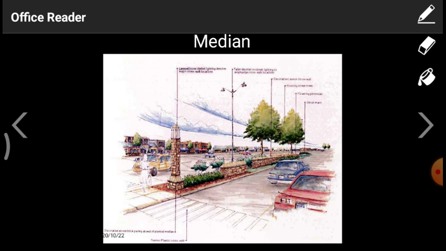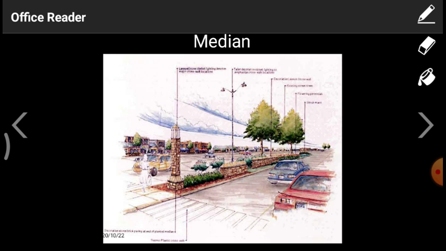In a few portions of our road we have some statues and other things with respect to politics. In a few places they have statues of political leaders, and in a few places they have stands and others. All those are kept at that particular portion of the road. That portion is called the median.